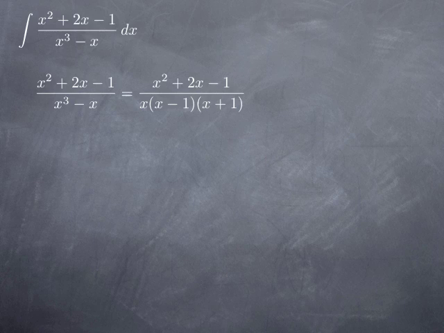According to what we have seen, that means that there is a decomposition into partial fractions of the form a over x plus b over x minus 1 plus c over x plus 1, where a, b, c are real numbers that we have to find. And to find these numbers, we're going to look at two methods.